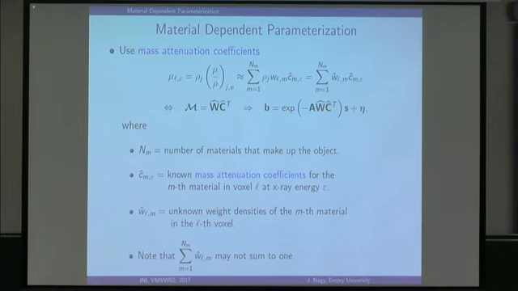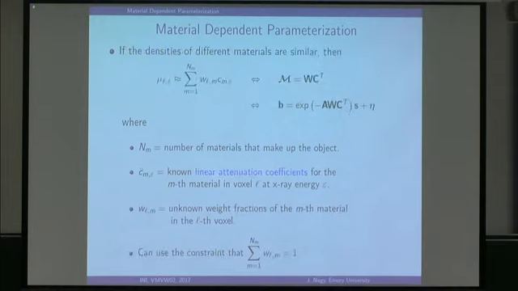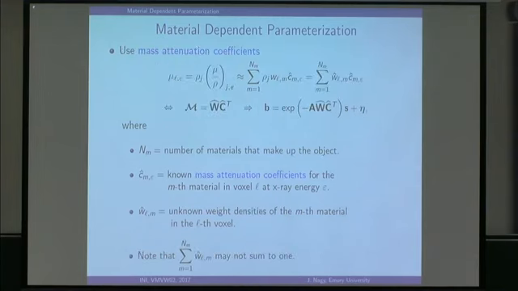All right, so as I said, this idea of using these known attenuation coefficients assumes that my different materials have similar densities. If they don't, we should try to take density into account, and that's where the mass attenuation coefficients come in. The rho here represents density, so what you can do is write your linear attenuation coefficient in terms of your mass attenuation coefficients, which incorporate density.